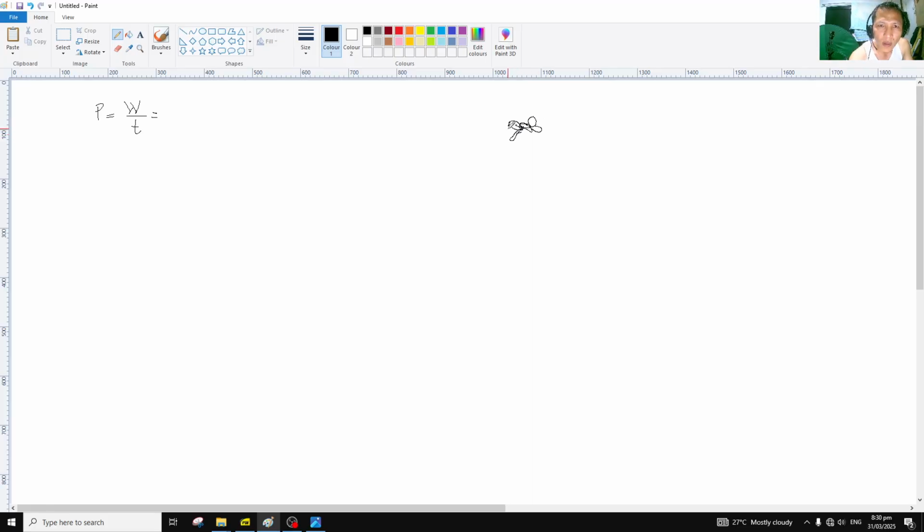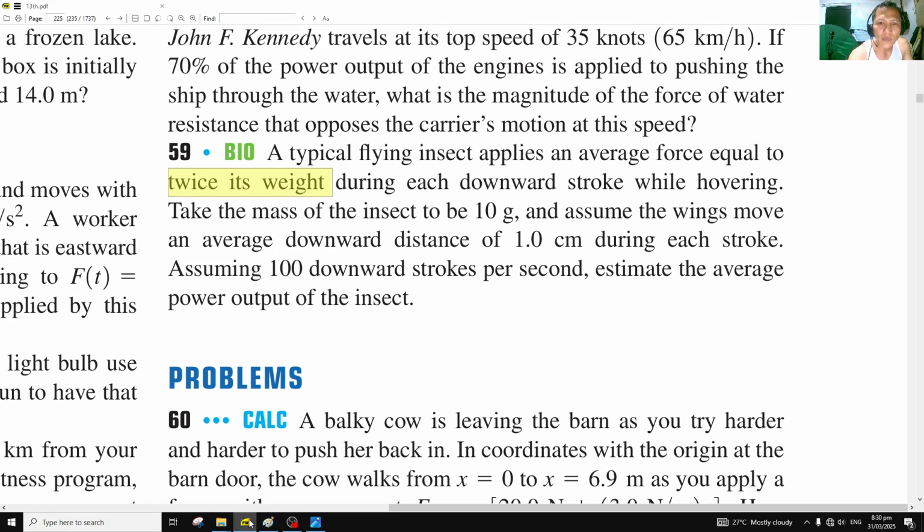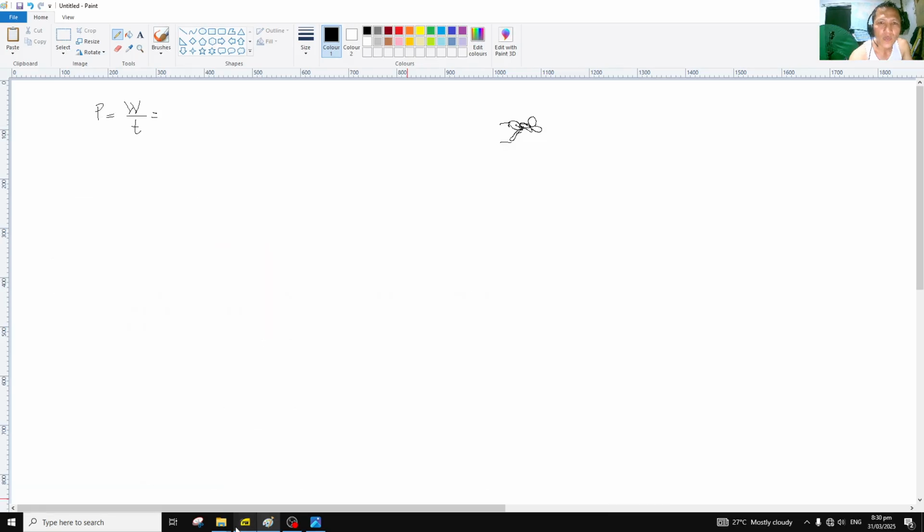So, kung nag-flap siya mula rito hanggang dito, that is 1 centimeter. Tapos, gagawin niya yan 100 downstroke per second. So, bawat downstroke is 1 centimeter. Tapos, gagawin niya to 100 times per second.